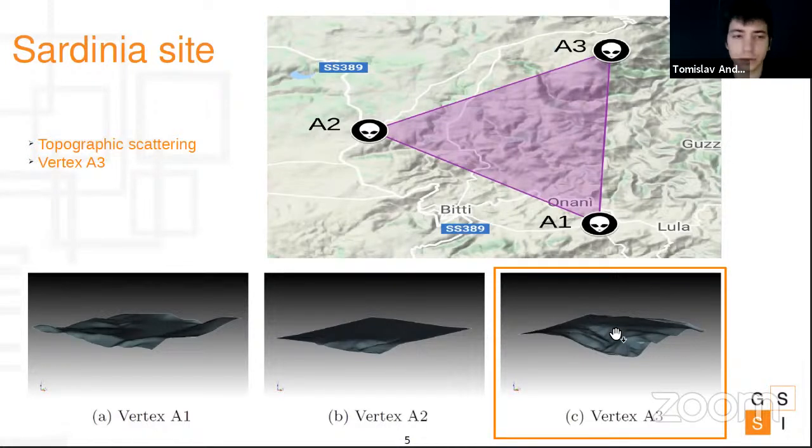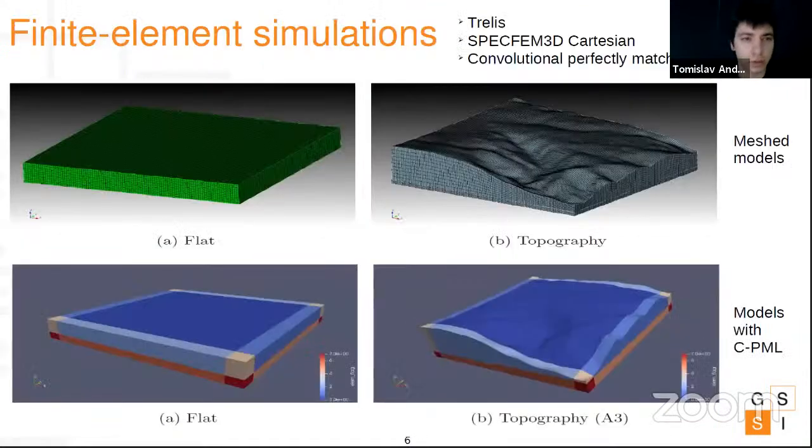To build our model, we chose the vertex A3, because it has the roughest surrounding topography, and therefore it has the largest scattering potential. So if we solve the problem for vertex A3, there shouldn't be any additional requirement to repeat the analysis for vertices A1 and A2.